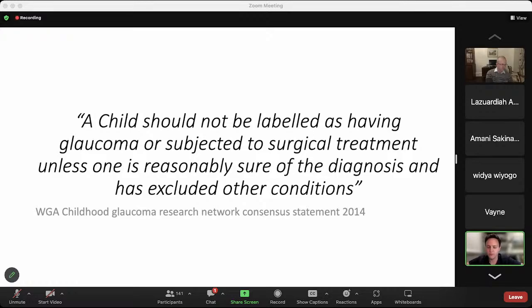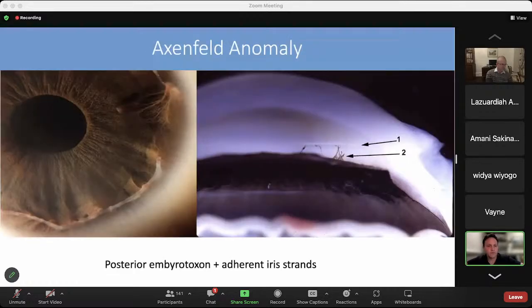conditions now. So the first of those that we should be aware of is the spectrum of anterior segment dysgenesis, of which Axenfeld anomaly is part. When we discuss Axenfeld, it's part of a spectrum of conditions, of which Axenfeld-Rieger syndrome is the encompassing term for a syndromic form of the condition.